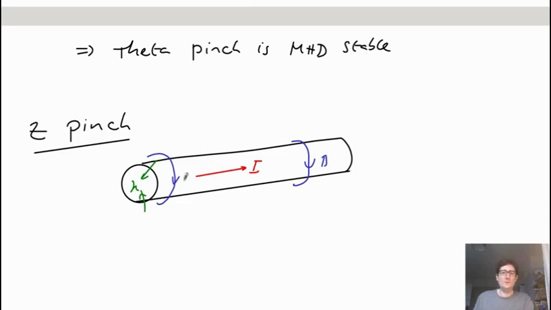but because the current and the magnetic field are at right angles, J is also perpendicular to the magnetic field. So therefore J parallel is 0. So here there are no kink modes, but there are pressure-driven modes.